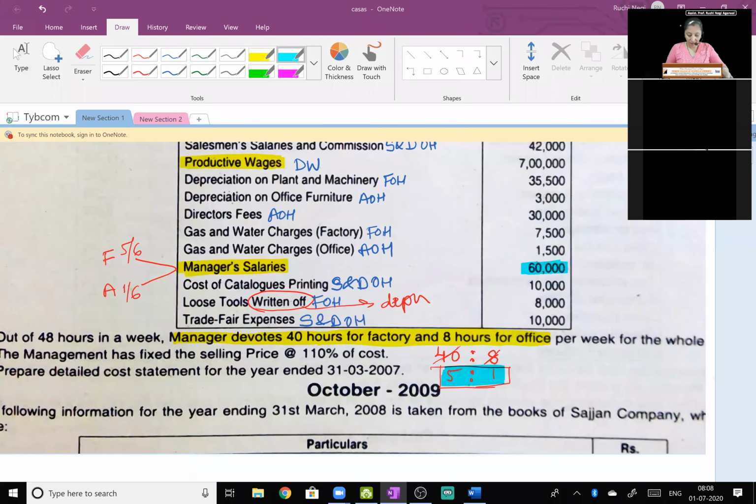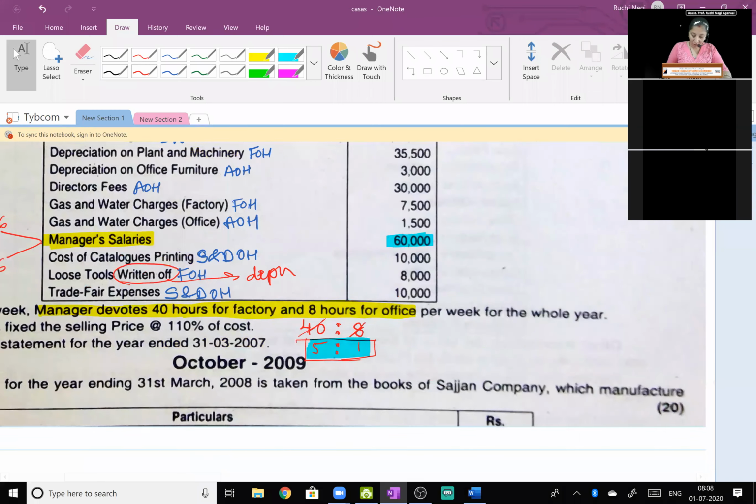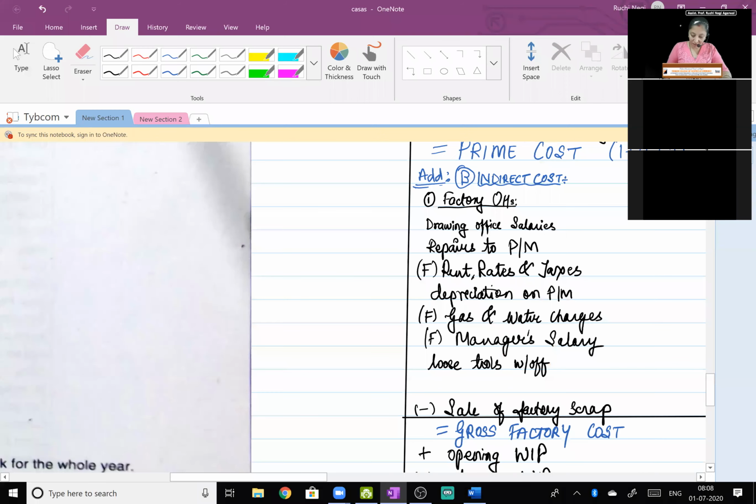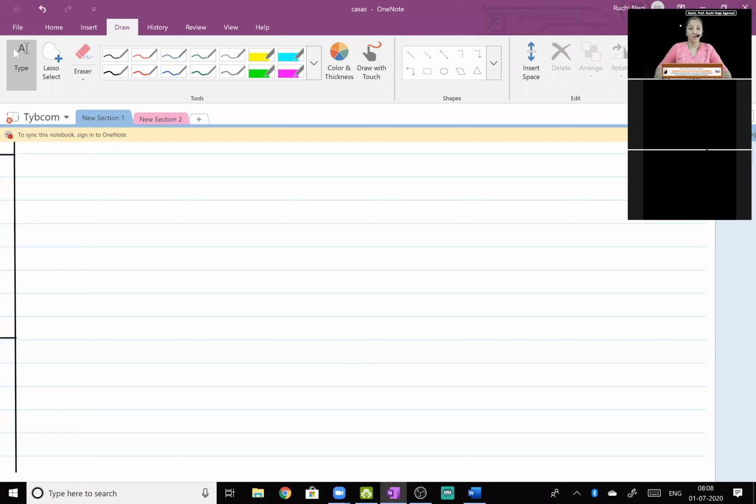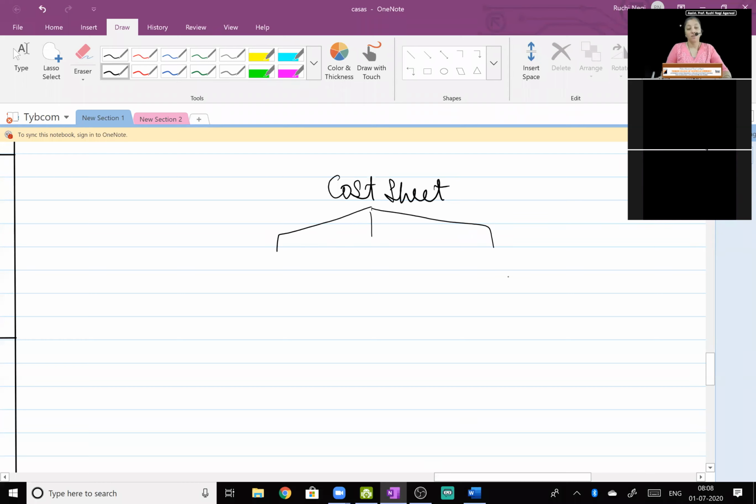Yeah, fine. Now students, before starting with cost sheet, let me first tell you about, as per your syllabus, you have three types of cost sheet. First, type 1. Please note this down.